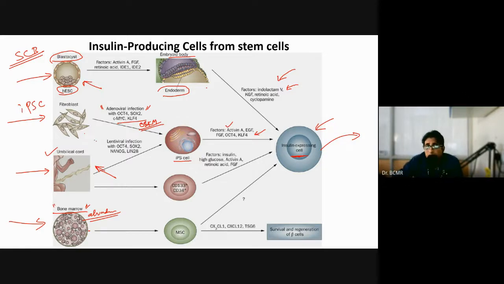And fibroblasts may be from his own cells, and we make induced pluripotent stem cells, but these are usually not identical to the embryonic stem cells, in the sense there could be some issues with gene expression. In that sense, bone marrow is a good autologous source, and we take mesenchymal stem cells and then we can probably make them express into beta cells.